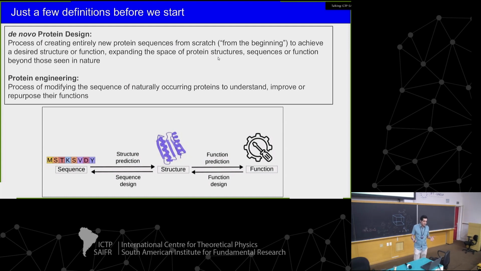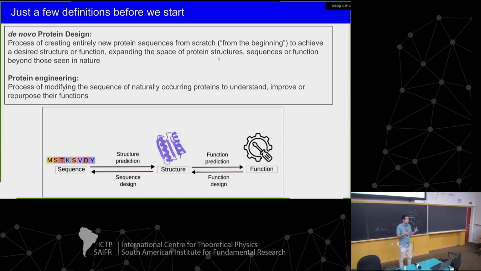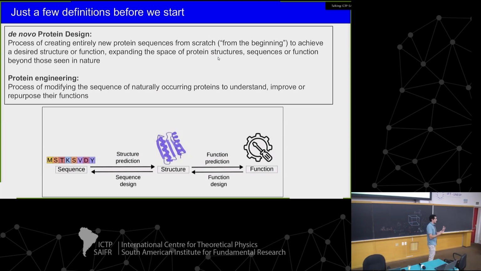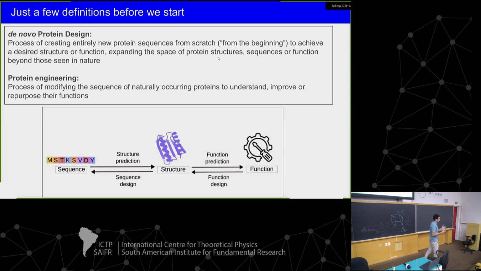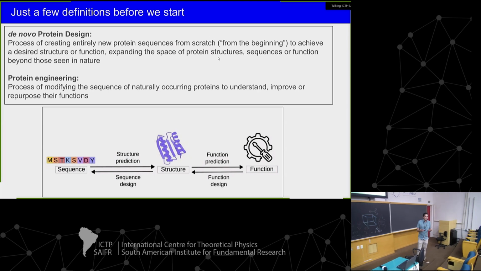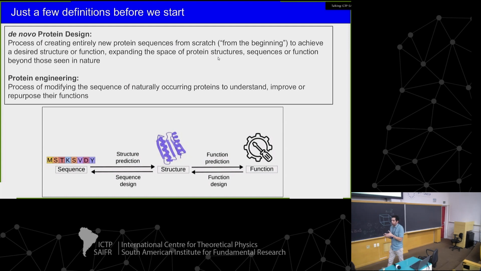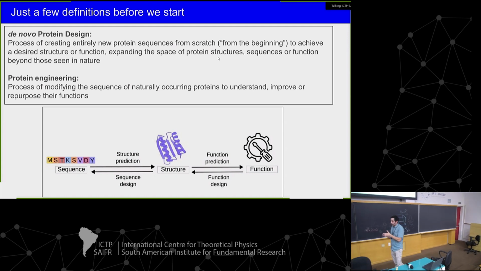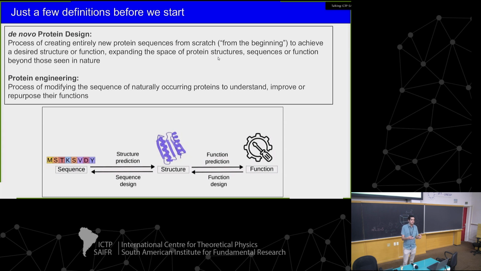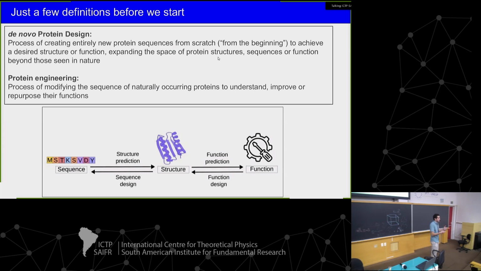So protein design is related to, I mean, you think about a function of a protein, you think about the structure of a protein, and you try to create a sequence that folds to this structure and performs the function that you need, right? And you do this starting from scratch.